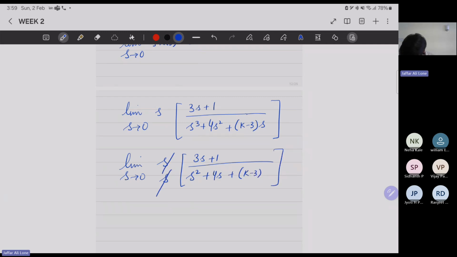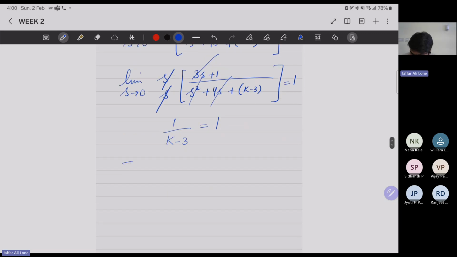This s and this s will cancel, and when we put the limit, this will go, this will go, this will again go. It will be 1 over (k − 3) equal to 1, which implies k − 3 is 1, which implies k is 4.